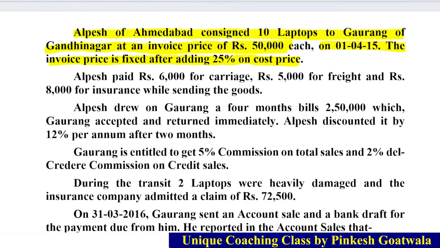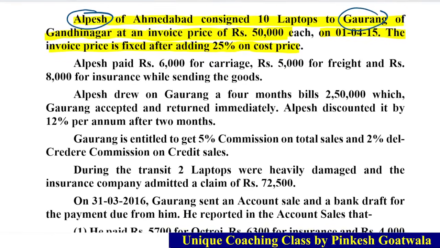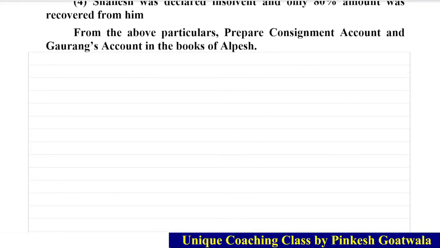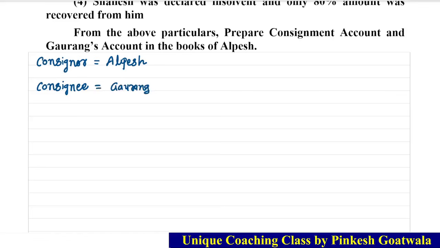So who is a consigner and consignee? Here Alpesh is the consigner and Gaurang is the consignee. The consigner is Alpesh, and the consignee is Gaurang.